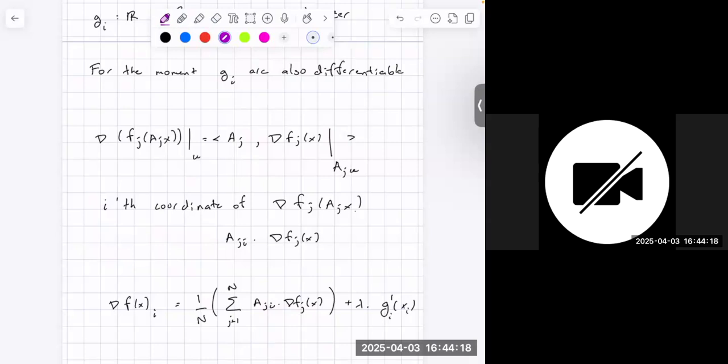So let's look at how the gradient looks. The gradient of f_j at a_j x comes out with a_j, being linear. You just look at the gradient of this function f. Think about it: you have a function f, and inside you're putting A times x. How would the chain rule come out? The gradient of that function inside A times x, and then times the derivative of A times x, which is A.